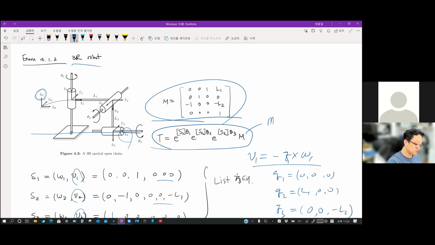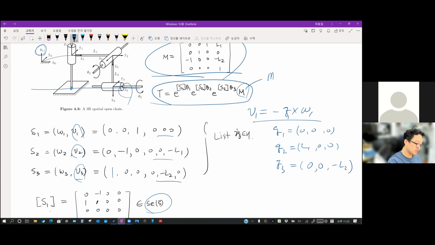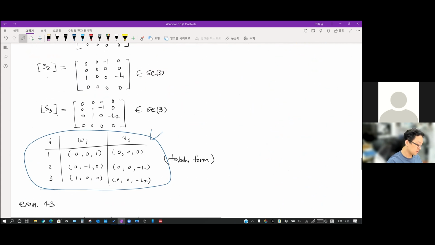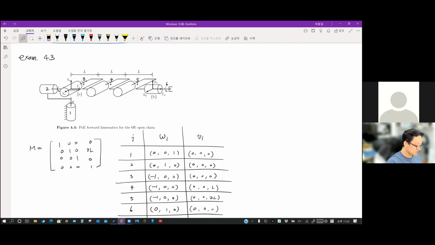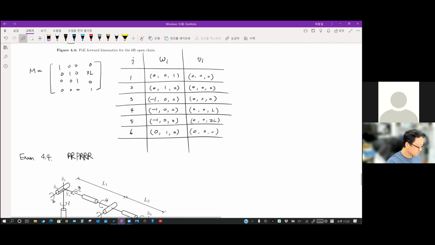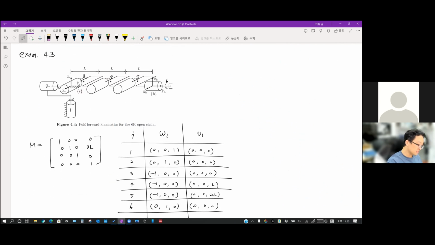When we know the screw axes and the M matrix, it can easily calculate this T matrix. So you can do that. There are other examples, and about that, let's take a break, and I will continue.